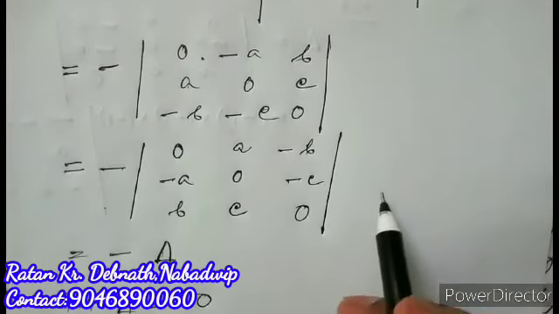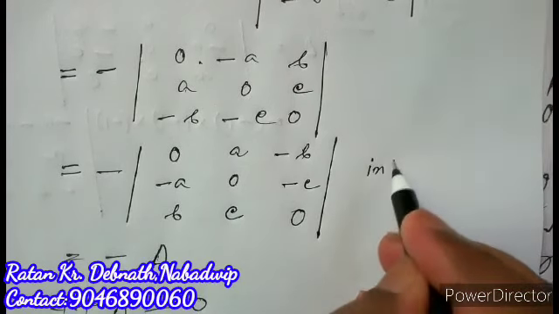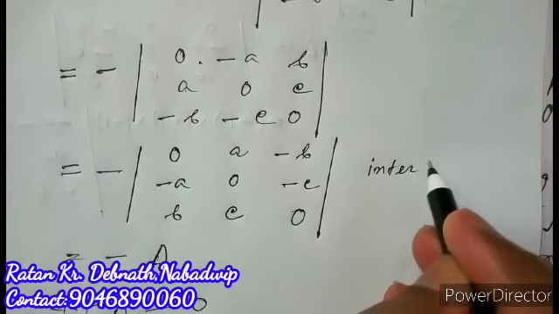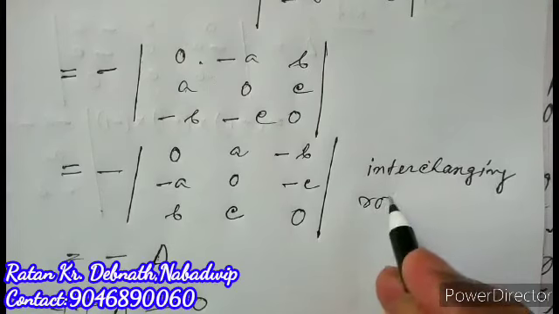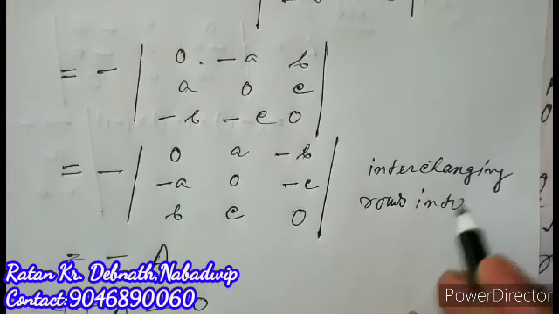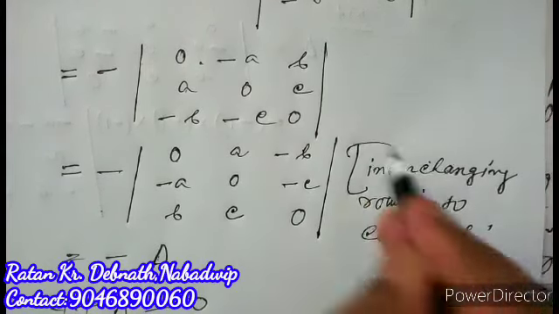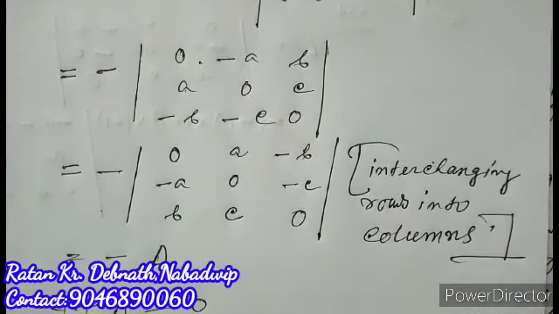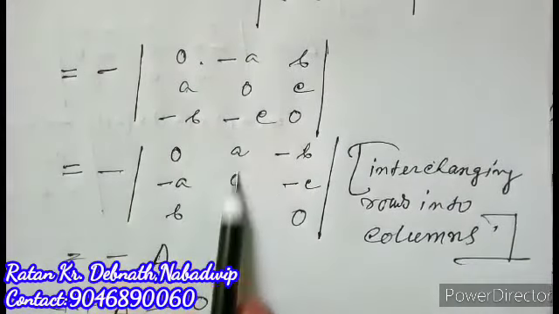We should write here within the bracket, interchanging rows into columns, because the first property says if we interchange rows into columns of a determinant, its numerical value will not be changed. That's why we interchange these rows into columns.